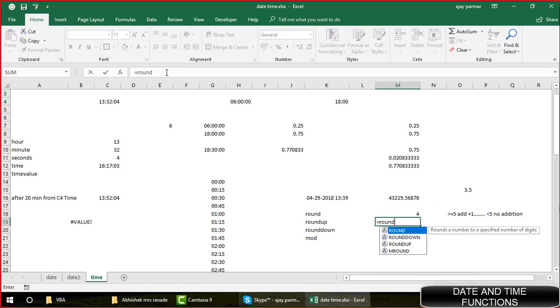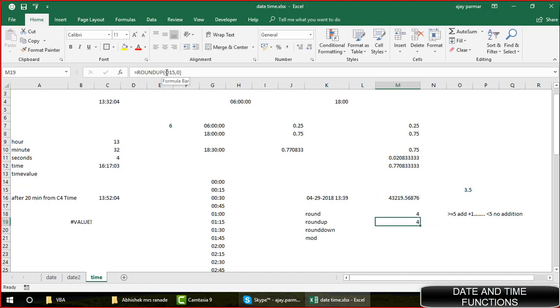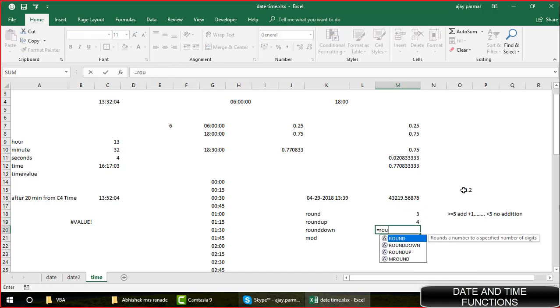What is ROUNDUP? Because it is a round up, it always rounds up the number. It is always going to increase the number. So even if you have 3.2 here, you can see that while ROUND calculates according to greater than or equal to 5 or less than 5, ROUNDUP is always going to give you the upper number. In the same way you have ROUNDDOWN.